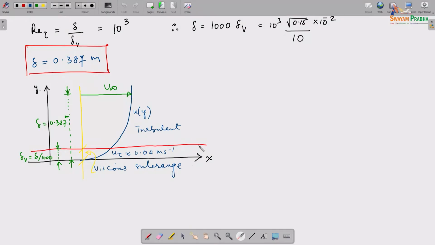Here the Reynolds number is equal to 1000. Okay, so that's the turbulent boundary layer that we just talked about. I think that's all the information.